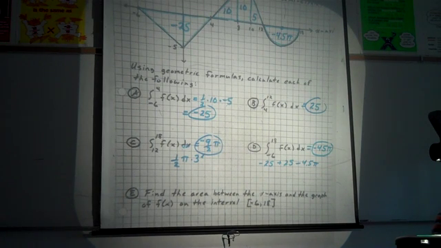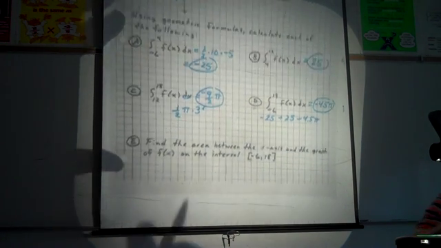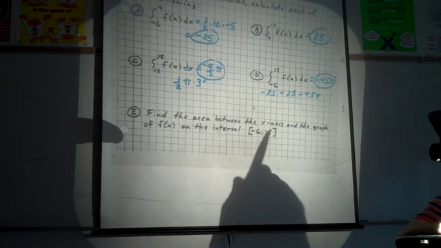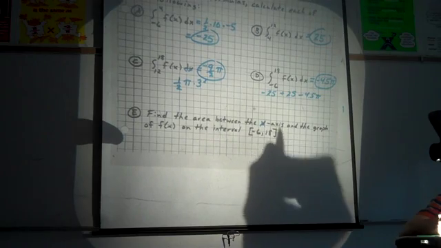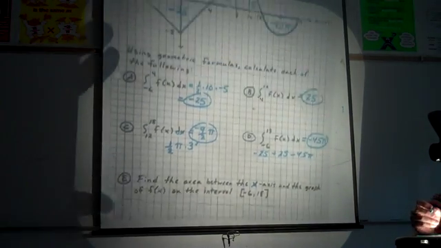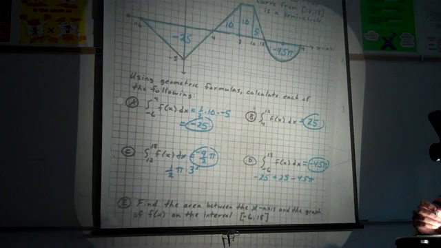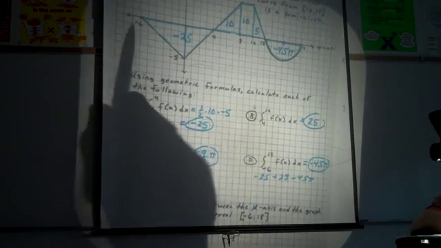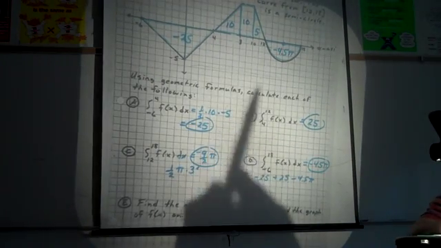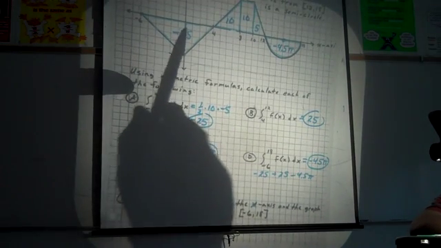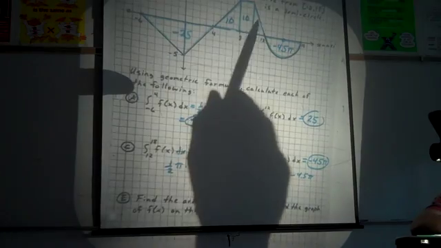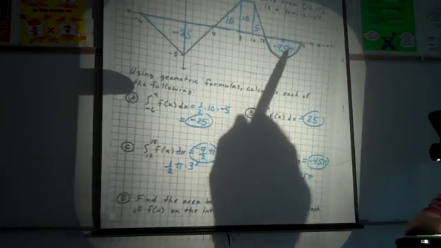Okay, so integrals can be negative. Areas cannot be. Part E, find the area between the x-axis and the graph of f of x on the interval from -6 to 18. So if you're going to find the area between -6 and 18, what's the only thing you're going to do differently than you did in part D? All right, so you're going to count everything as positive. So that's 25 plus another 25 plus 4.5 pi.